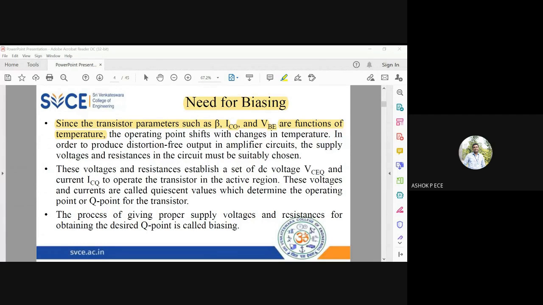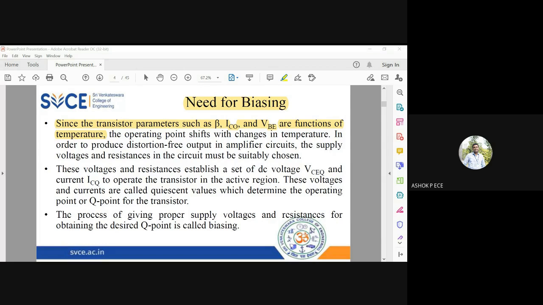And the last one, VBE. What is VBE? If I write VBE, where am I measuring the voltage? I am measuring the voltage across base and emitter. Can you say what is the value of VBE for silicon and germanium? We have read everything.